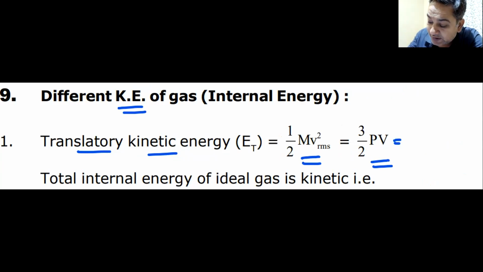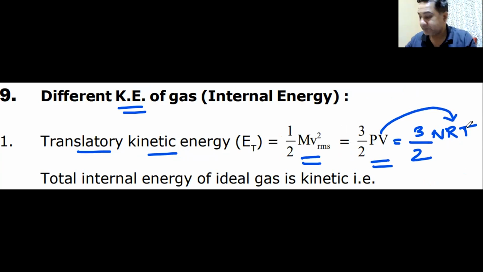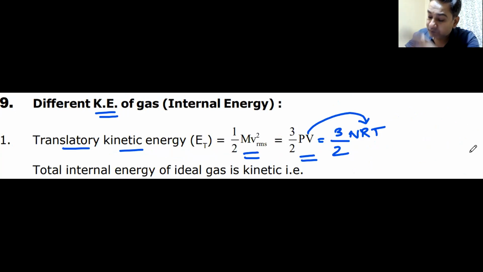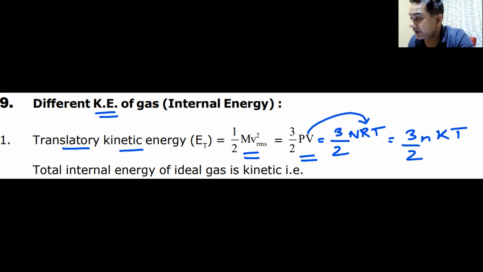You can also write it as 3 by 2 nRT. Do you understand? PV becomes nRT. Or you can also write it as 3 by 2 NkT, where N stands for the number of molecules in the gas.